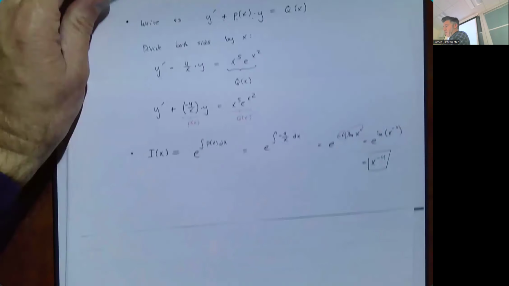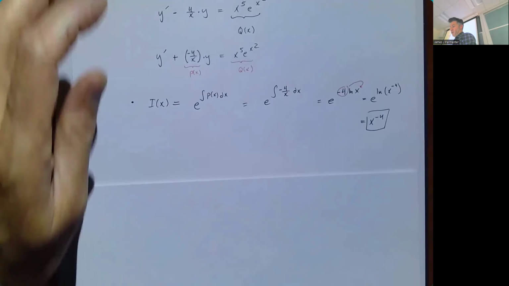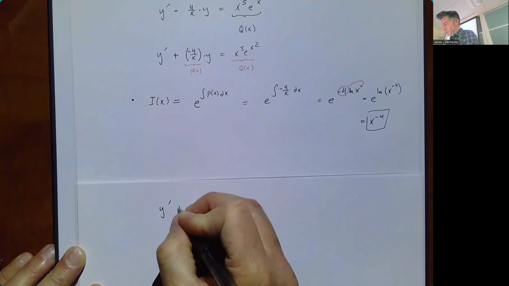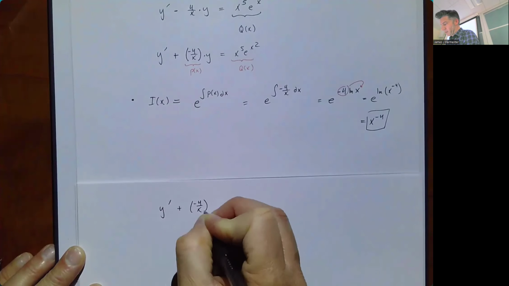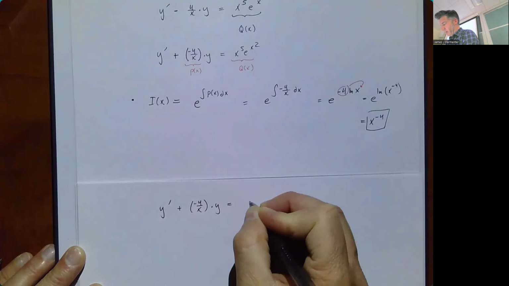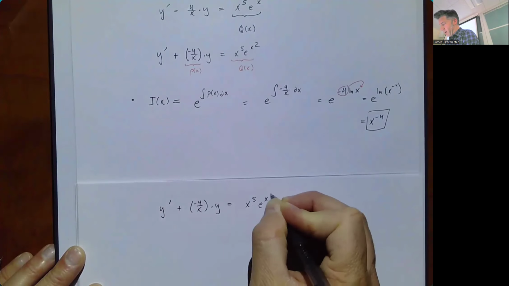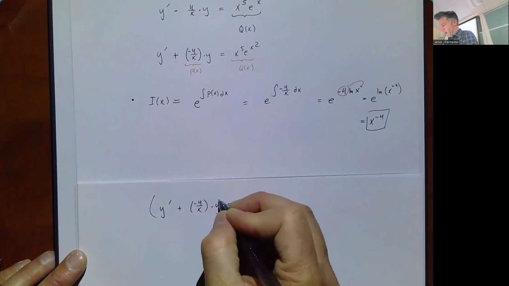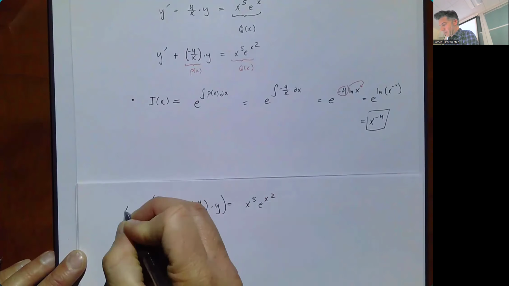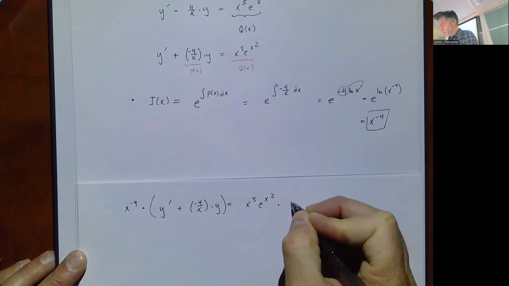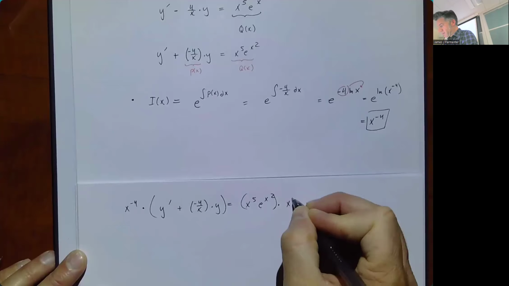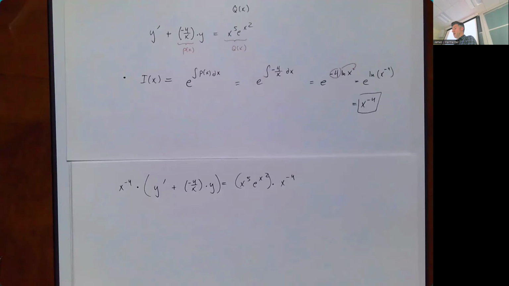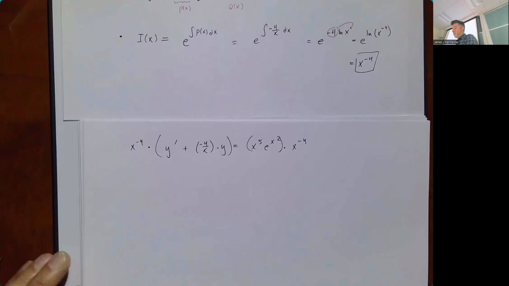So next step, we're going to multiply both sides by the integrating factor. I'm going to take my y prime plus negative 4 over x times y equal to x to the 5th e to the x squared, and multiply both sides of this equation by x to the negative 4th. And yes, it's in my interest to simplify here. It's almost always in this process in your interest to simplify things as you go.